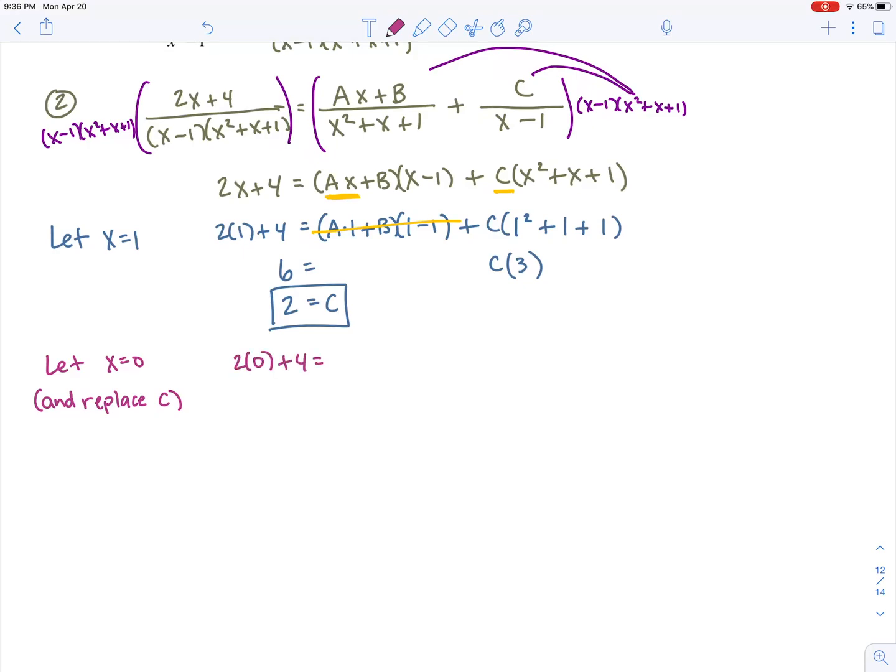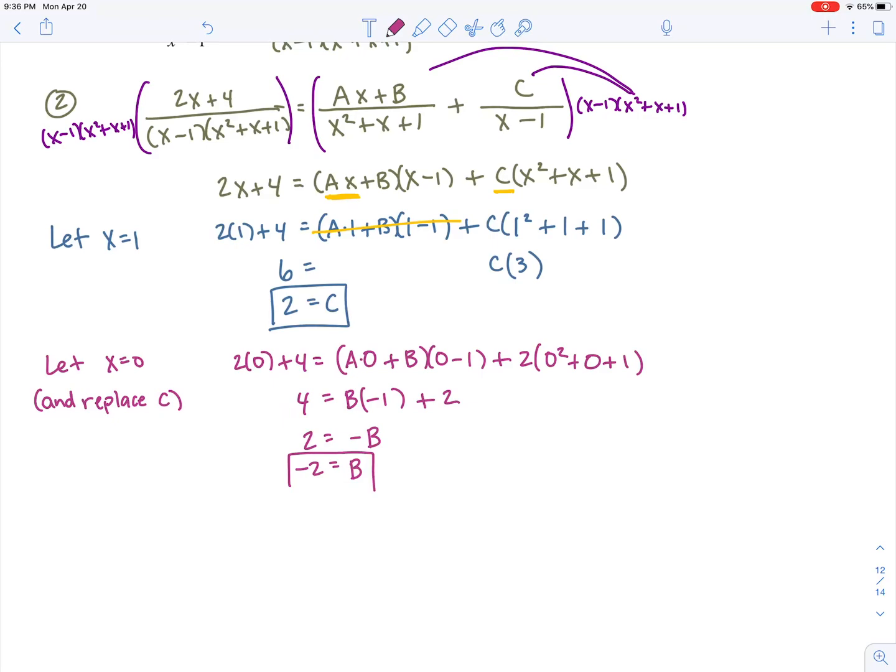So I have 2 times 0 plus 4 equals a times 0 plus b times 0 minus 1 plus 2 times 0 squared plus 0 plus 1. 4 equals, a times 0 is 0, so b times negative 1 plus 2. Subtract 2 from both sides. 2 equals negative b. Divide by negative 1, so b is equal to negative 2.